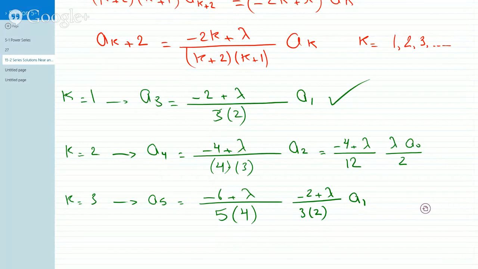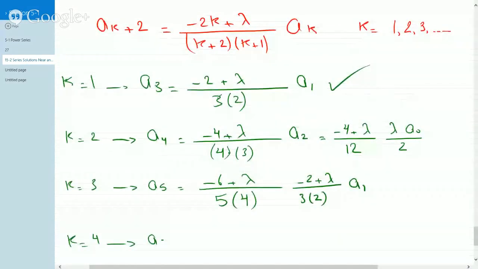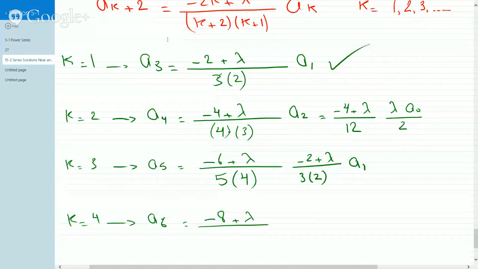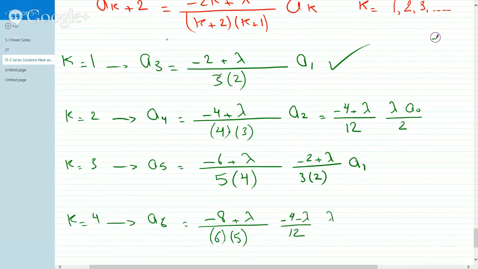Alrighty. And if k is 4, then we will get a6 to equal minus 2 times 4 is minus 8 plus lambda over 6 times 5 times a k, and a k is a4, and a4 is just all that, minus 4 plus lambda over 12 times lambda over 2 a0.